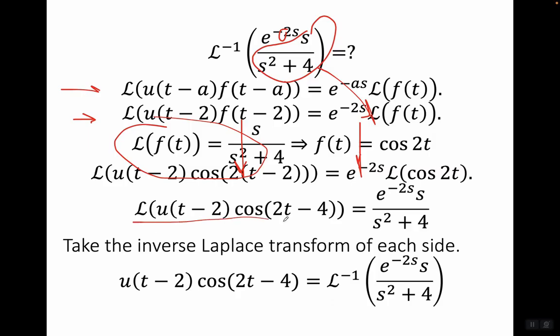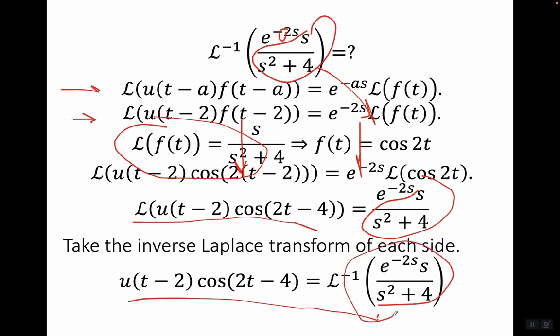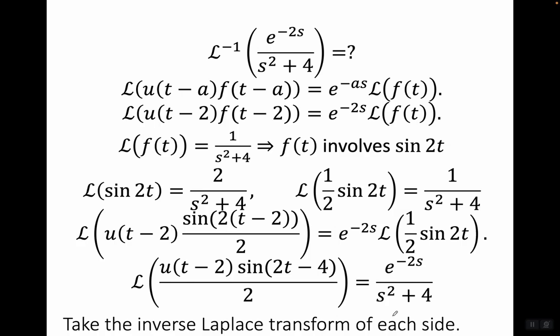In other words, the Laplace transform of u(t-2) cosine(2t-4) is e^(-2s) times the Laplace transform of cosine 2t. Take the inverse Laplace transform of each side, and we end up with u(t-2) cosine(2t-4) equals the inverse Laplace transform of this stuff. That's awesome. That's another inverse Laplace transform we needed.